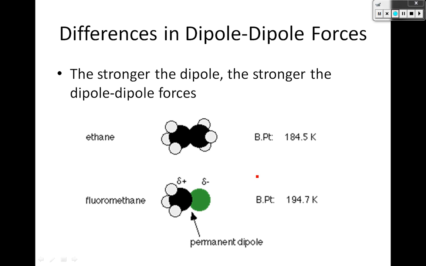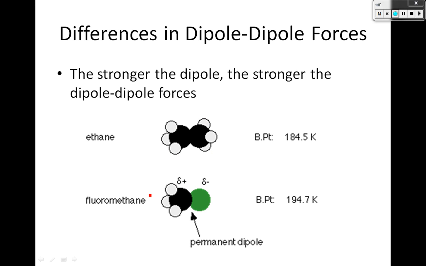When you're comparing two molecules, you've got to compare two molecules that are pretty equally shaped and have pretty equal molar masses. You can't go comparing two radically different molecules because that's going to be affected by dispersion forces as well as dipole-dipole forces.